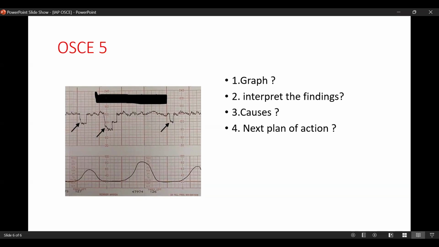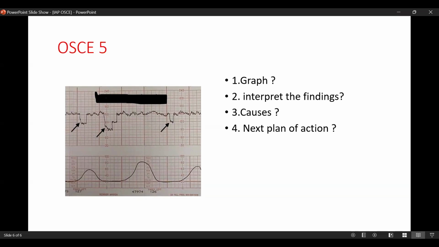Yes, there are decelerations. What type of decelerations, early, late or variable? These are variable decelerations because they are variable with the uterine contractions and not coinciding with them, and they are occurring very frequently.